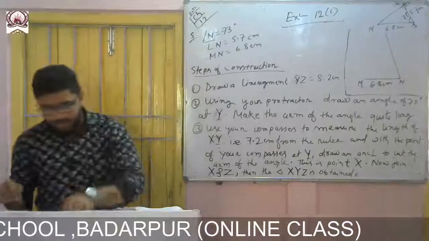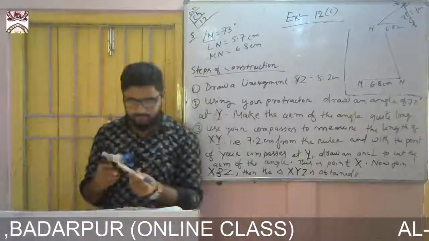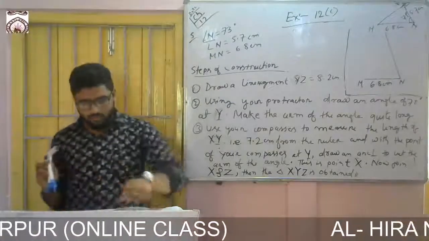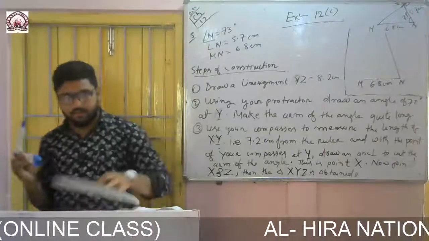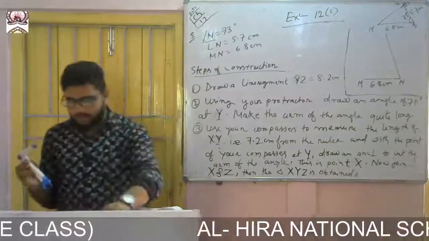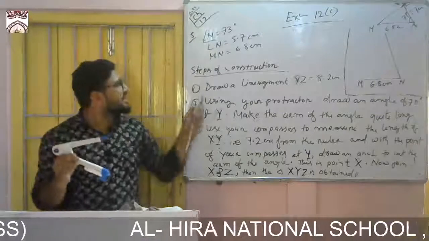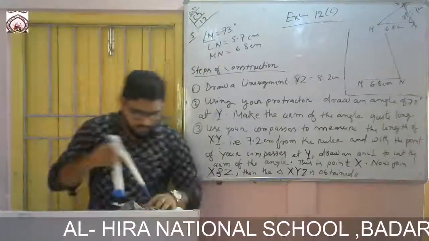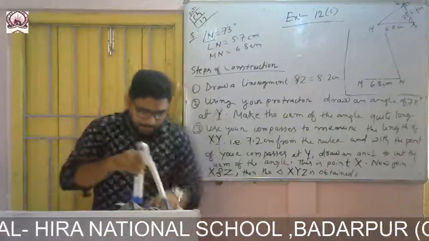With the help of your ruler you take 5.7.